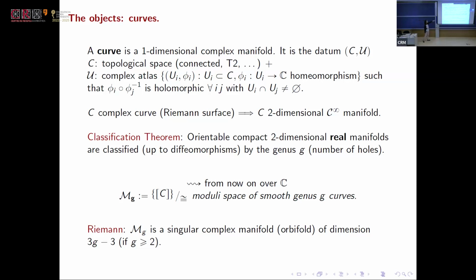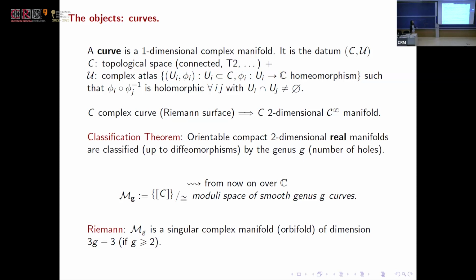This is not just a set, M_g. Riemann was the first who studied it a lot, and he proved that it is not just a set but an orbifold, a manifold with isolated singularities, of dimension 3g minus 3 when the genus is greater than or equal to 2.